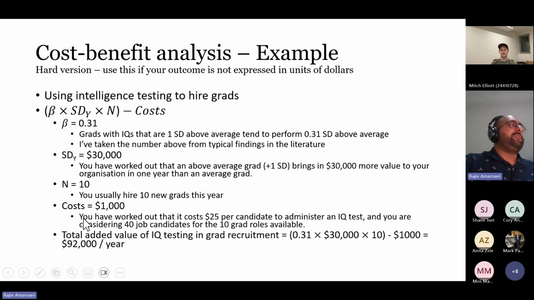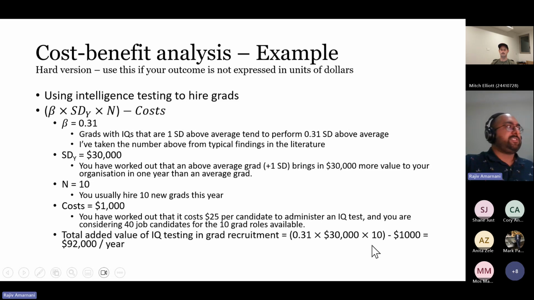And then you work out that the overall cost spreading over your whole recruitment cycle is $25 per candidate, where the testing is actually $10, and most of the cost is training, HR, making sure they're on board, liaising with the IQ test provider, getting that set up, your time, all of those costs taken into account. You reckon approximately $1,000 for the whole thing. It could be more, but let's assume this for now.